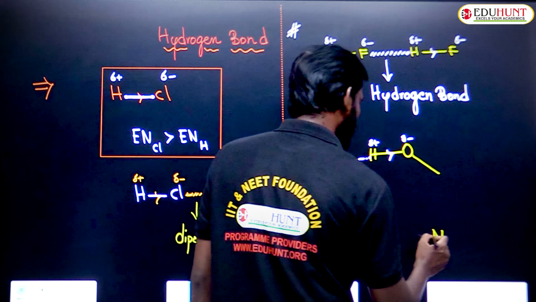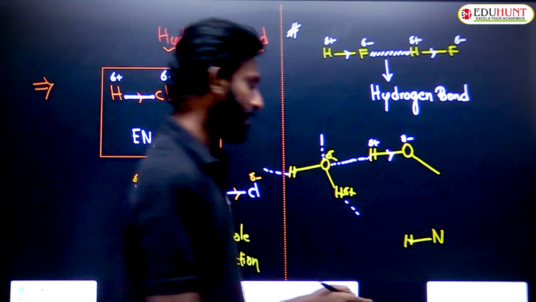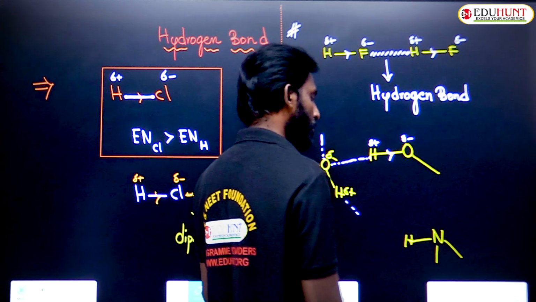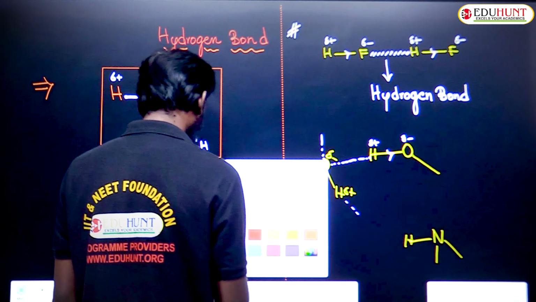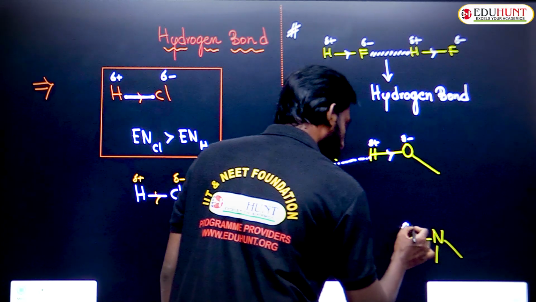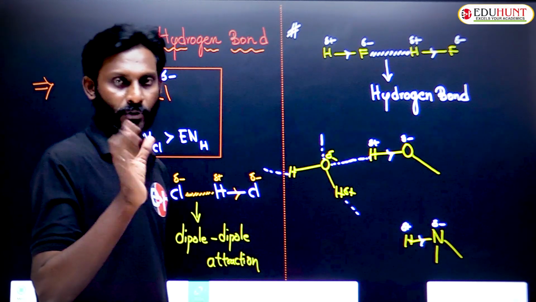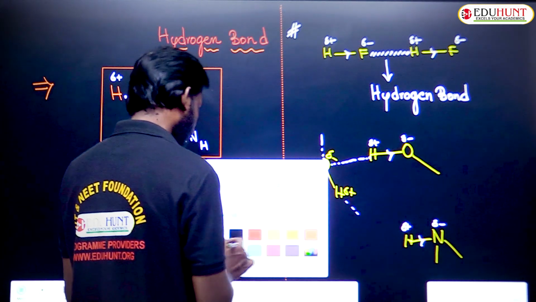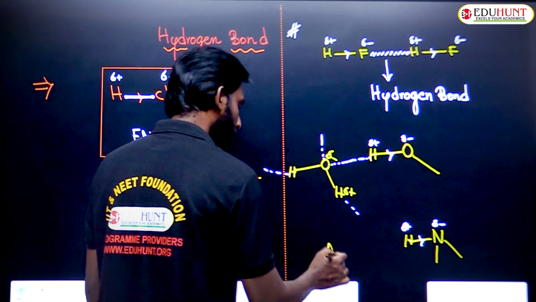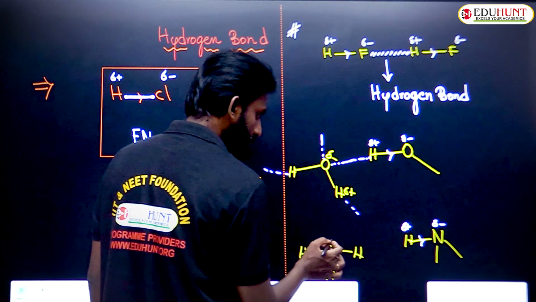When nitrogen is having hydrogen, and I hope you know nitrogen is trivalent. Generally there can be three bonds. Yes, partially positive charge. Now the partial positive charge will be on hydrogen, and partial negative charge on nitrogen. I'm considering only this bond. I'm talking about one bond. Then obviously you can have another example. Hydrogen.